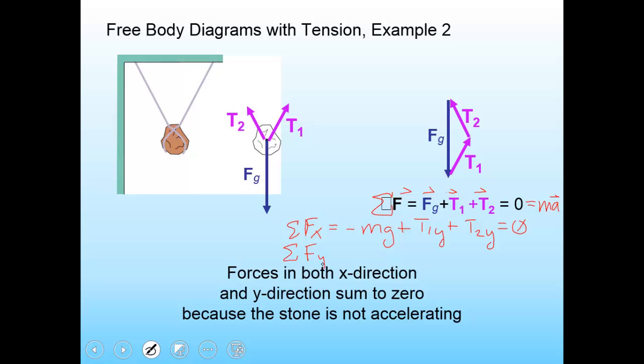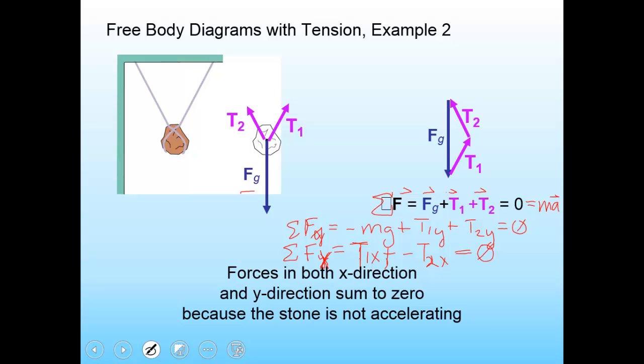And we can say the sum of the forces in the x direction are equal to, now in the x direction there's no component due to gravity, but there are components due to T1 and T2. You can say T1x plus negative T2x. And that all sums to 0.